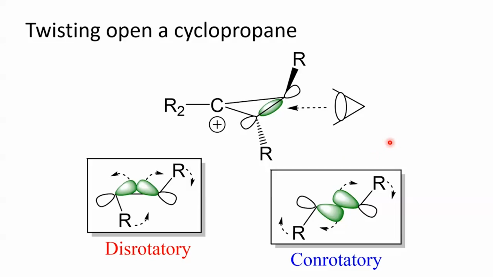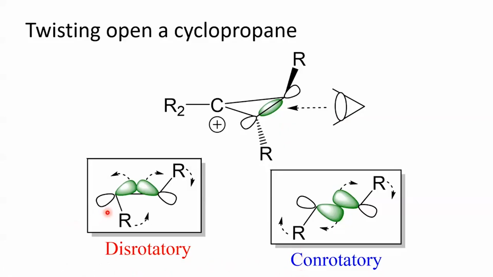Just to try to give you a better picture of how this would look, if we look at this structure shown here, I've included the imaginary direction whereby we are looking at this molecule, and we're gazing at these overlapping p orbitals, shown in green, that make up the carbon-carbon bond. Here are the 2 options shown down here.